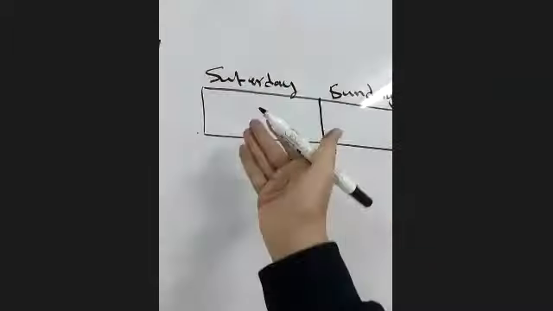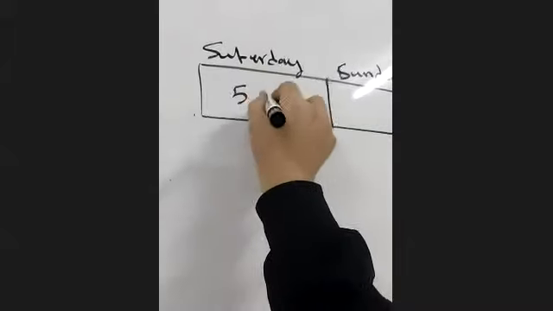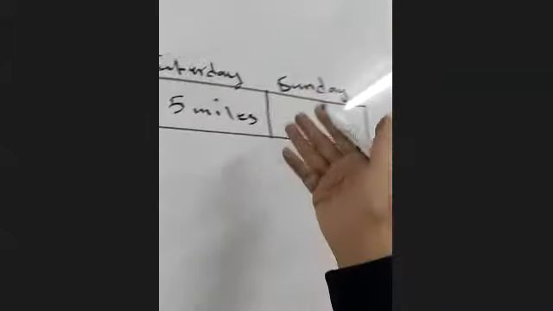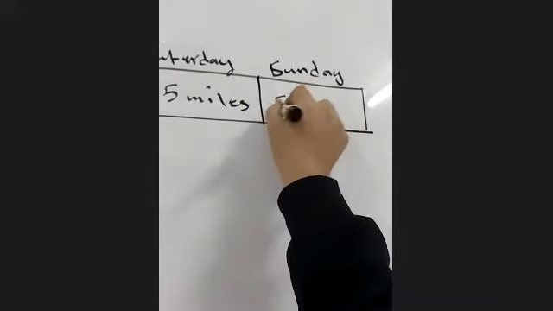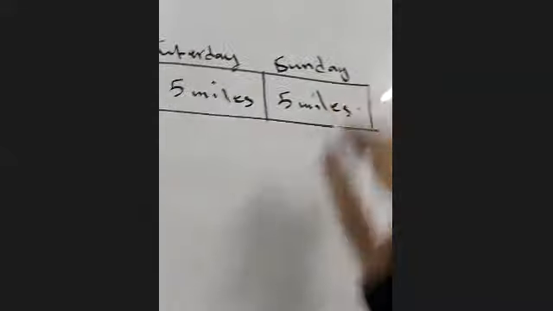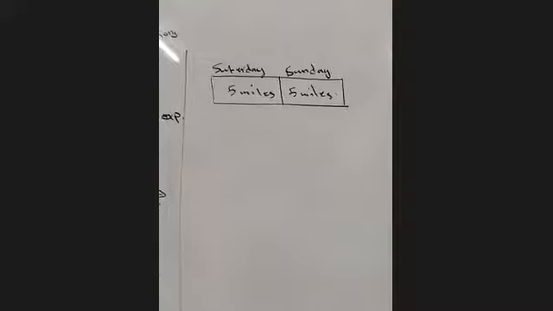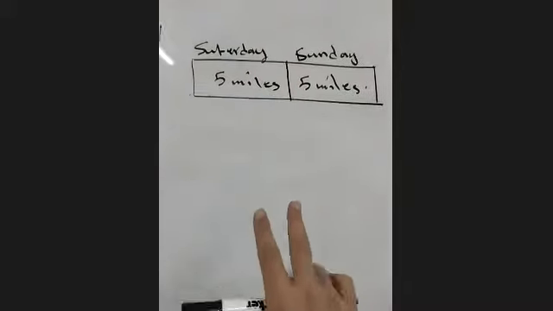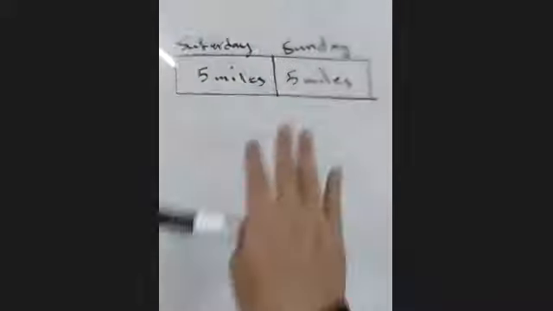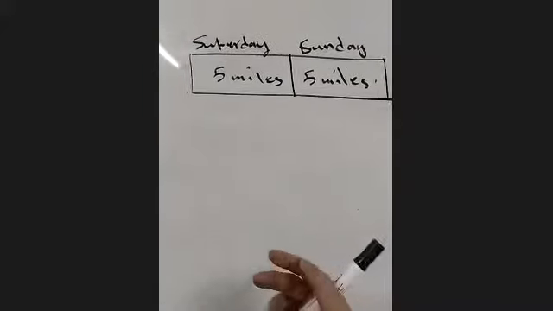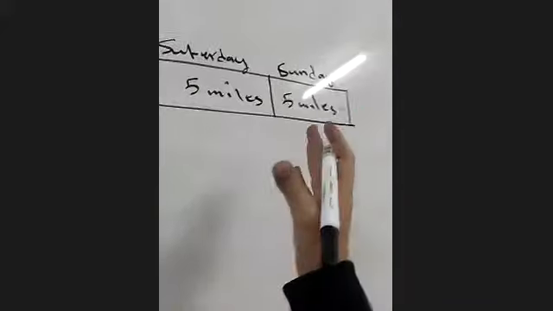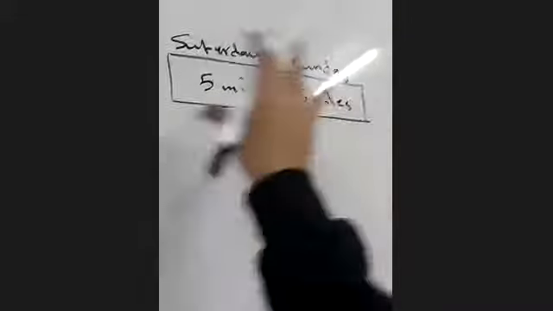On Saturday, they hiked 5 miles, and on Sunday, they hiked also 5 miles. Now, the book wants us to write 2 expressions to find the total of the miles. The word total, guys, means the sum, all of them.